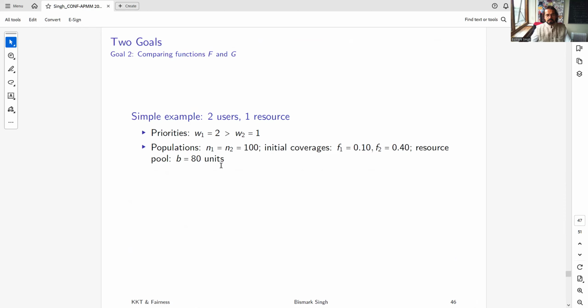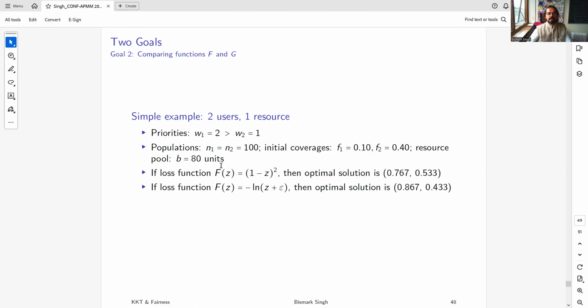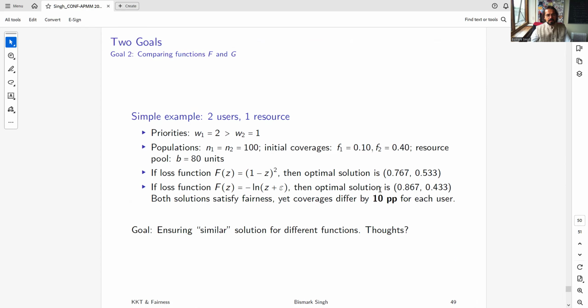We've got 80 units of resource to handle. If our loss function is quadratic like this, then the optimal solution turns out to be this that's given up here for y. If the loss function is instead a logarithmic function, then the optimal solution is different, and it turns out to be this.